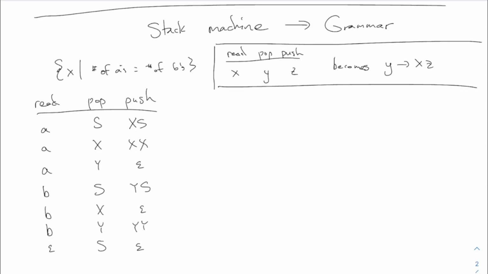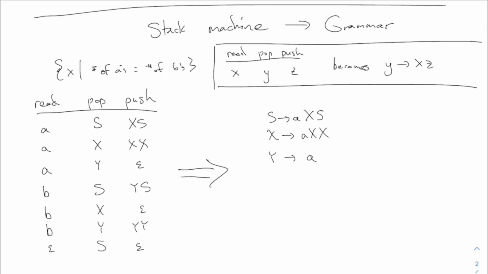So when I convert this whole thing into a grammar, you just read line by line, and for each one you do Y goes to XZ. So the first line will say S goes to AXS. Next line will say X goes to AXX. You don't really have to think to do this.